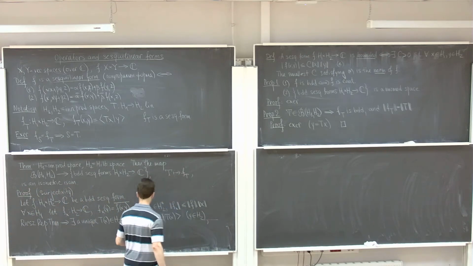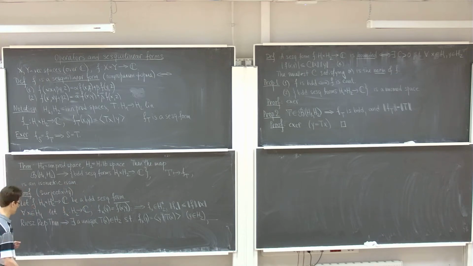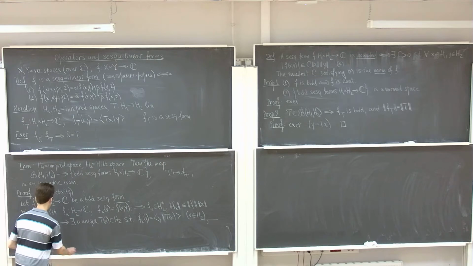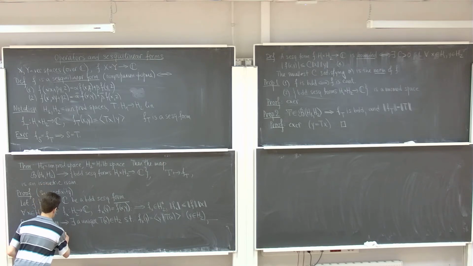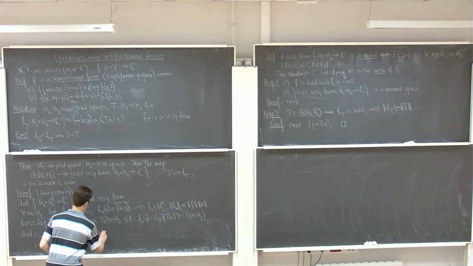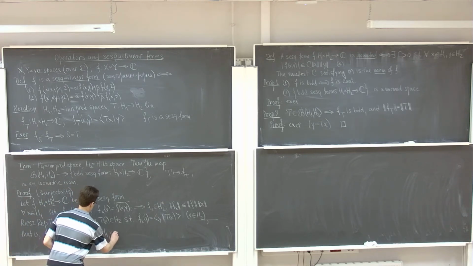Or equivalently, this formula can be written as follows. F(x, y), so we again put the complex conjugation here, and we see that F(x, y) is the inner product of T(x) and y. And this holds for all x in H1 and y in H2.